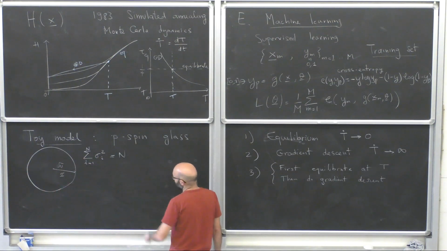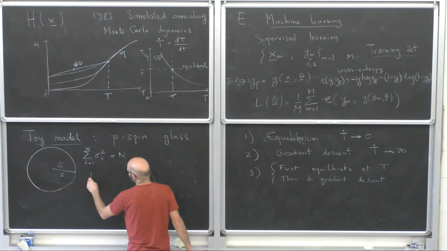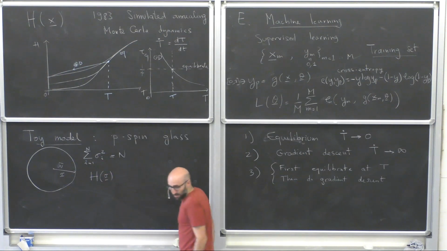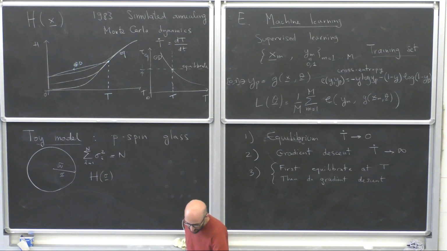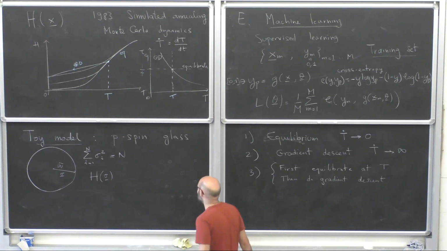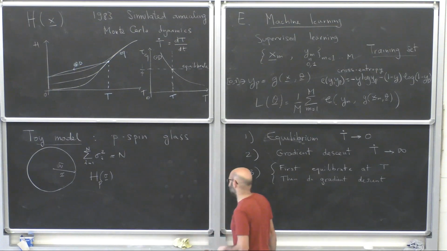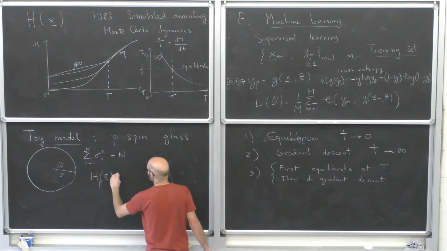And on this sphere, I want to define a Hamiltonian. The way I will do it is to first introduce a function H_P.